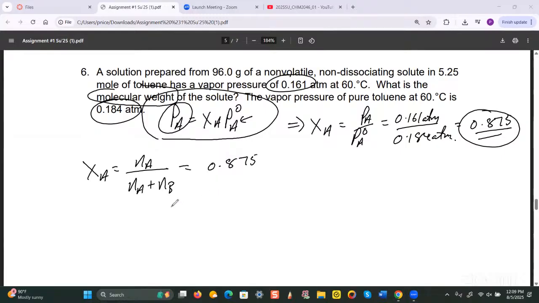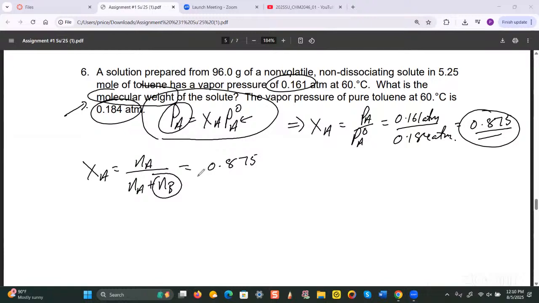Because the question is asking for the molecular weight, recall that the molecular weight and the molar mass are numerically the same, right? So if you find the molar mass of the substance, then all you have to do is switch the units and that would give you the molecular weight. So our aim is to find this right here. They gave us the number of moles of the toluene, which is Na.